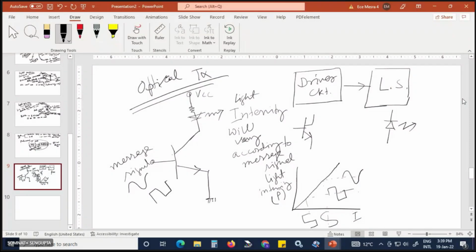And depending on that, the frequency of the signal or bandwidth of the system is dependent. That is called rise time. Okay. Rise time or response time applies for both light source and detectors.